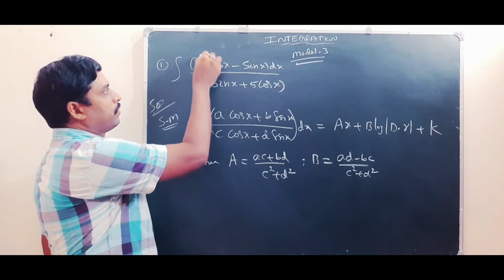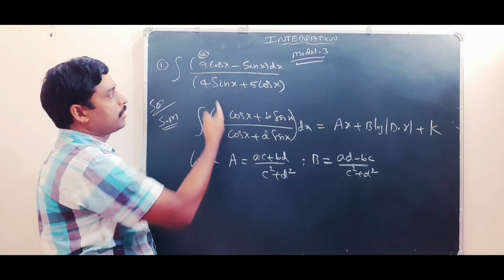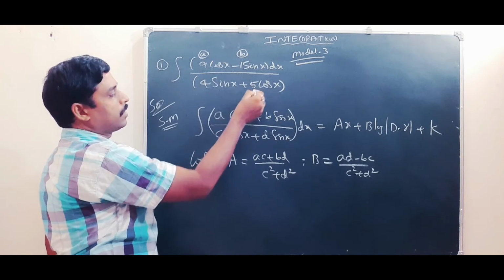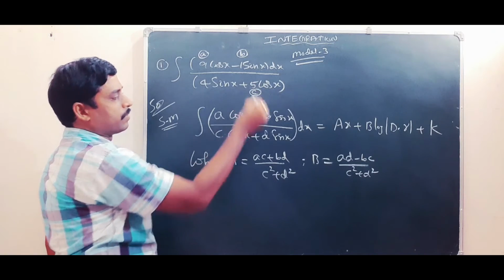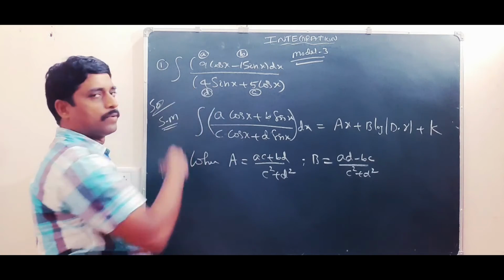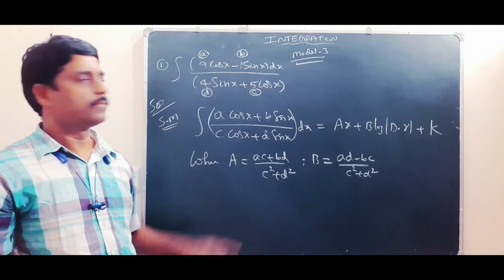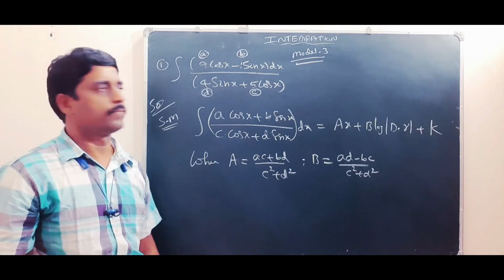Here, the a value is the coefficient of cos x, which is 9; the b value is minus 1; and c is the coefficient of cos x in the denominator, 5 cos x, so c value is 5, and d value is 4. So the a, b, c, d values are 9, minus 1, 5, 4, not 4, 5.